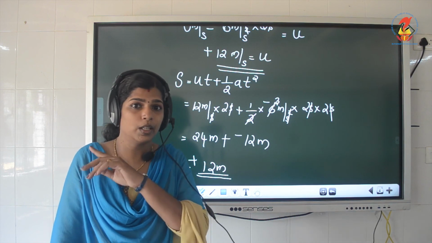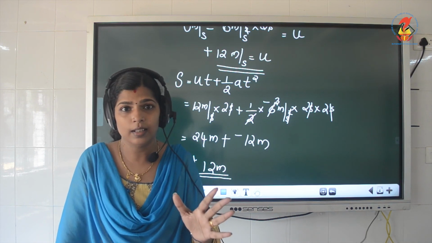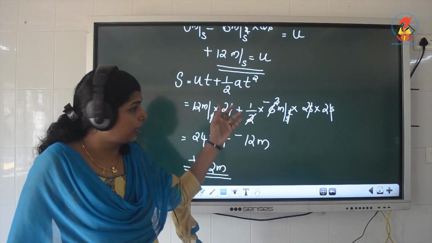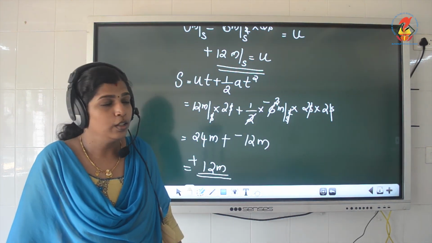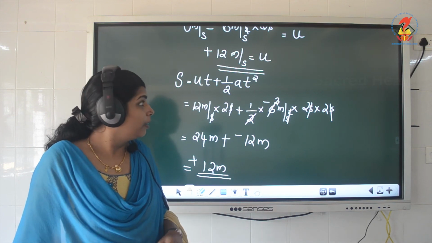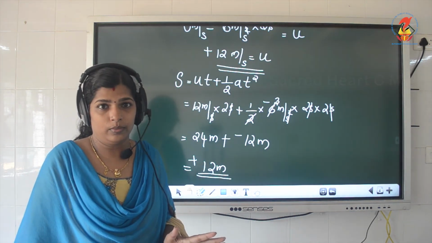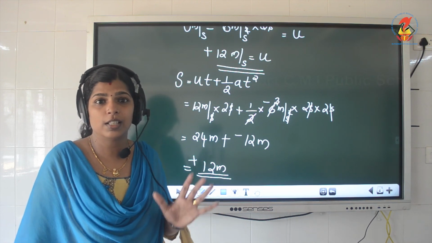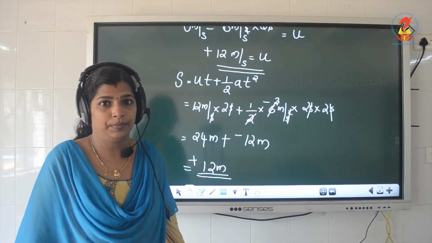So, second square and 2 seconds will get cancelled in this calculation. Here also second and second will get cancelled. So, do all the calculations neatly in your book.